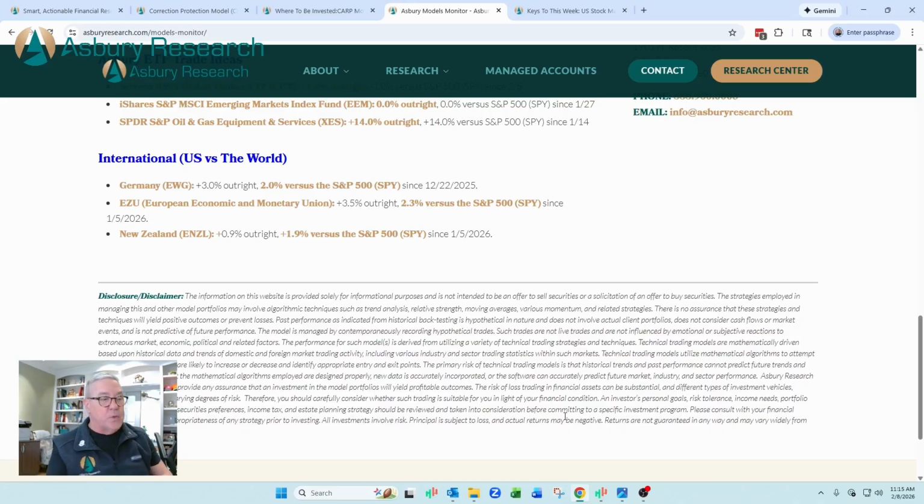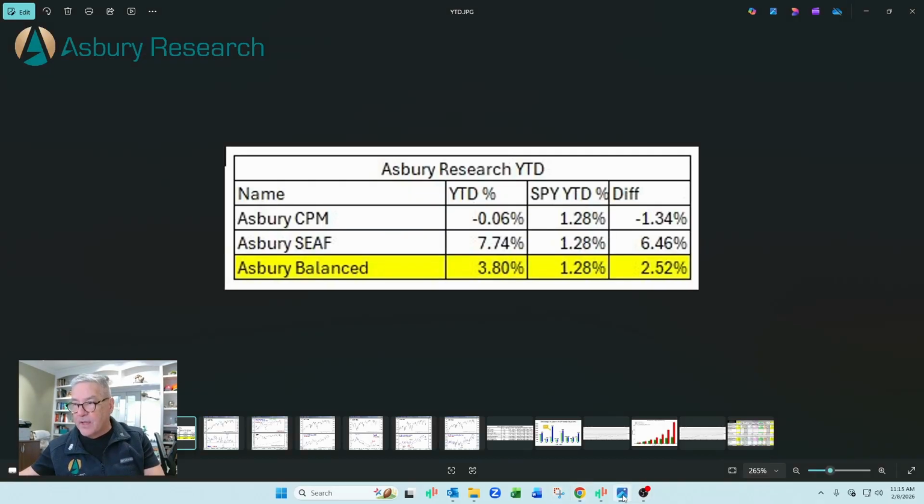We have individual investors working with us as well as other RIAs that are giving us part of their assets under management that they're managing for their clients, having us manage a portion of those with our models. Let me go back and show you that table here so you just have an idea of what we're doing.